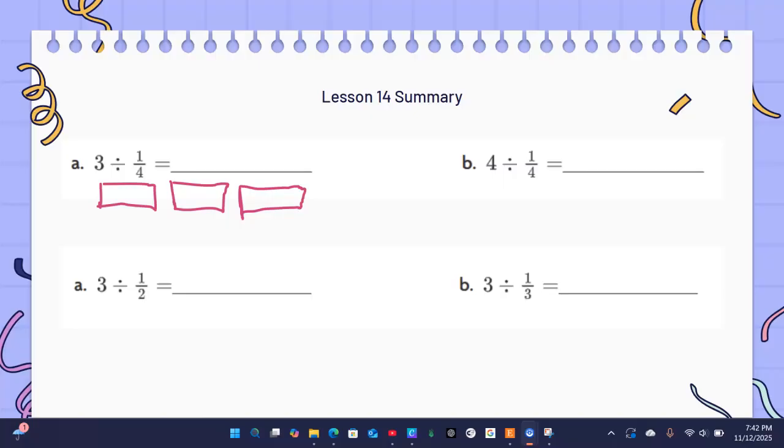Now it's dividing one of those groups into 1/4. And this again is asking you how many pieces will you have? How many pieces will you have? So I'll go ahead and partition all of my boxes.